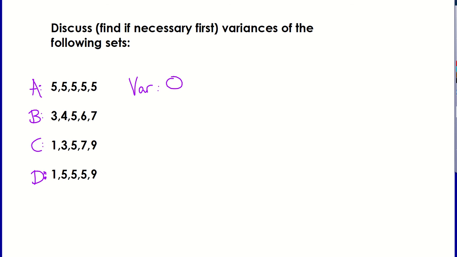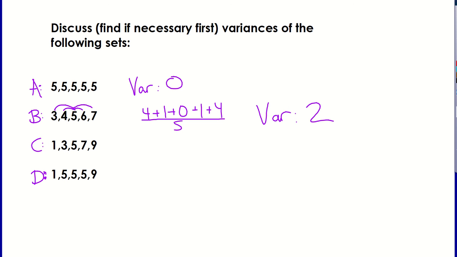In the next one, the mean is also 5, but they would vary by 2, by 1, by 1, and by 2. I'm not concerned with the direction, so I'm just saying what the distance is since I'm going to square them anyways. So I would have 4 plus 1 plus 0 plus 1 plus 4, and then I would divide that by 5. So this set would have a variance of 2.